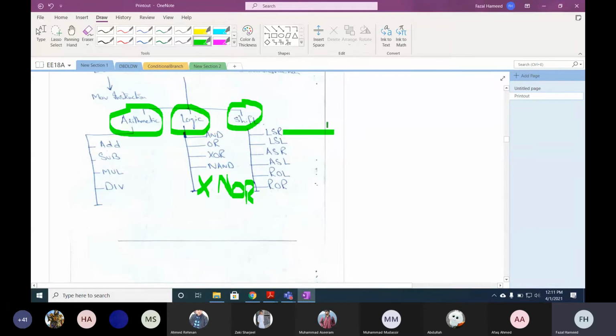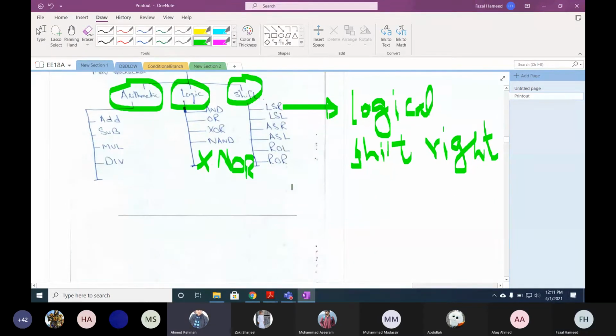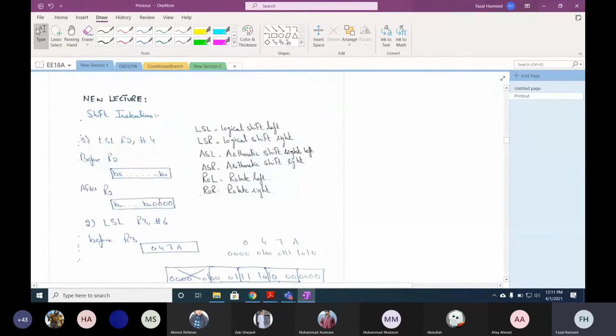So LSL stands for logical shift left, LSR stands for logical shift right, ASL stands for arithmetic shift left, and ASR stands for arithmetic shift right.